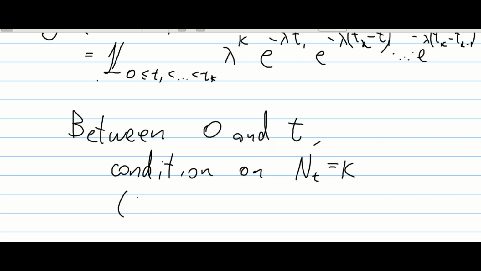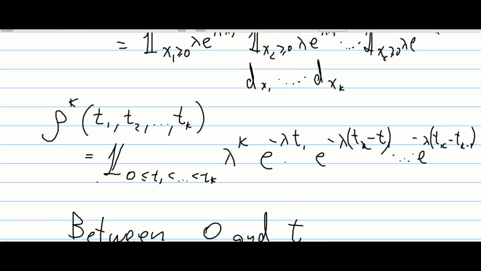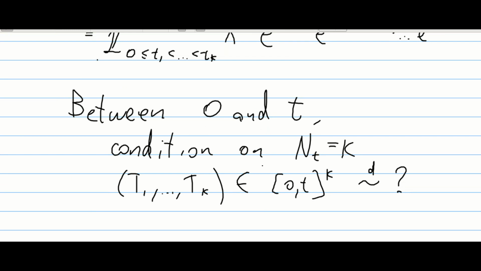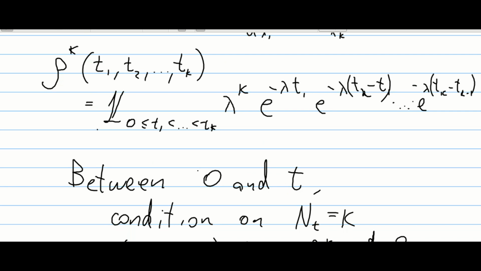So we can talk about T1 to Tk as elements of 0,T to the k and ask how they are distributed. That's what we want to do. And the reason why it's so nice to look at their density before conditioning is because densities behave well with respect to conditioning. So we're going to condition, but having the density, we know how to do it.